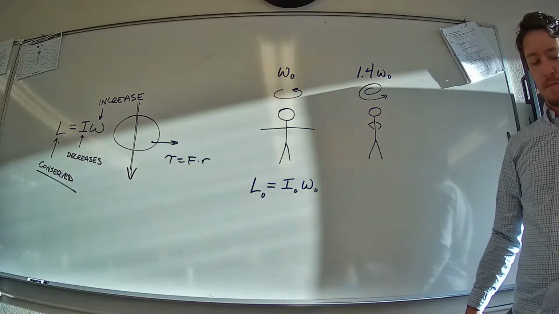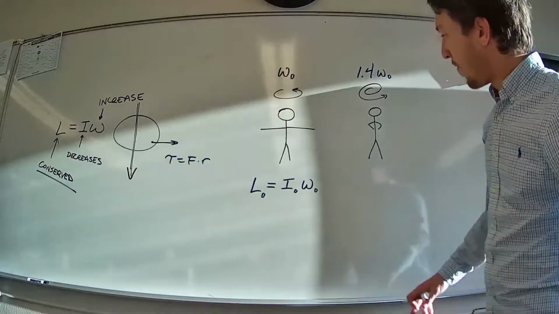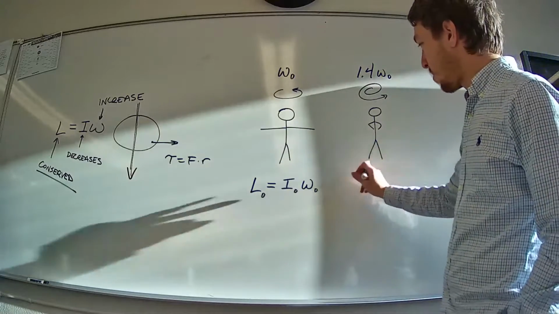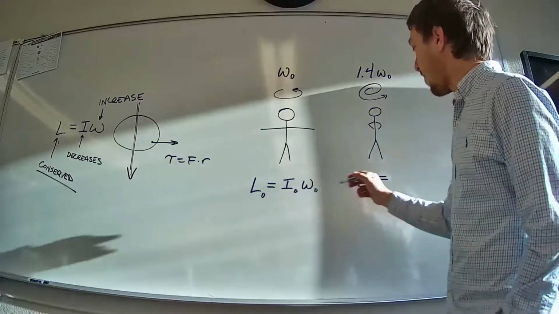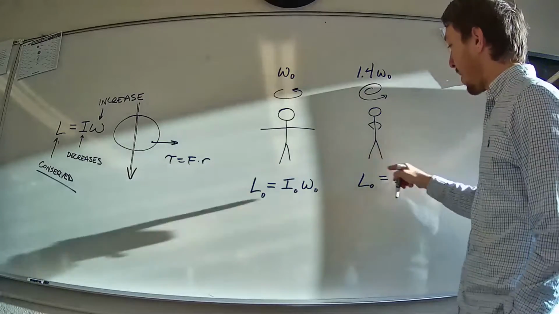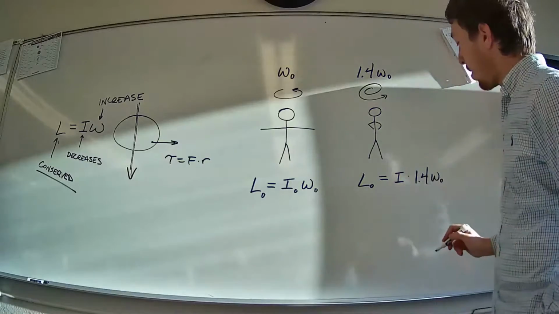It decreases. It's being divided by 1.4, right? So if you want to do algebra, in this case his L value is the same. His I value is what we're solving for. And his omega is 1.4 omega naught.